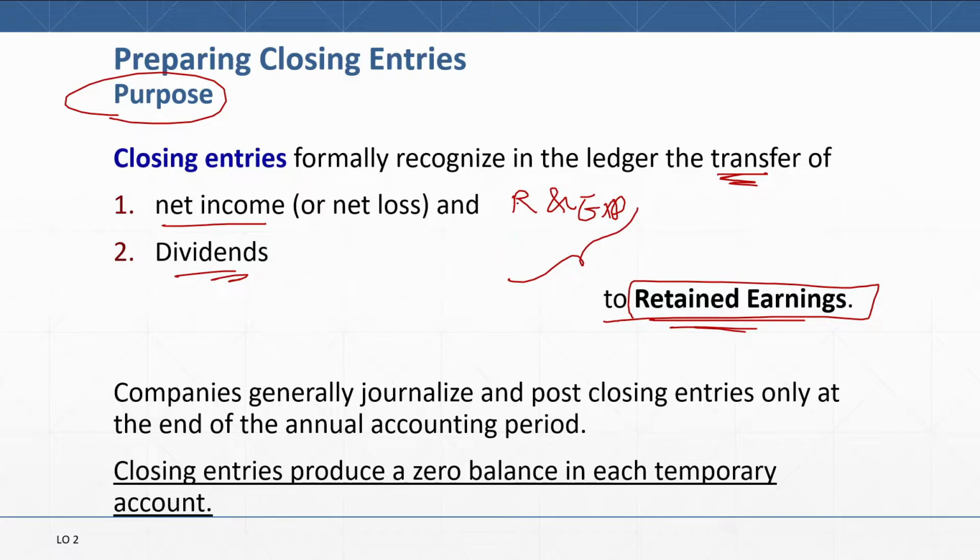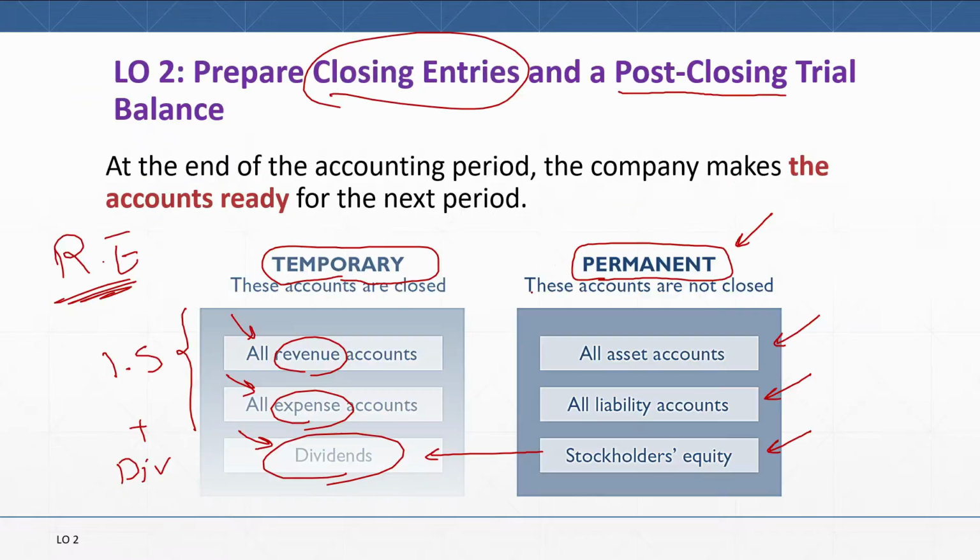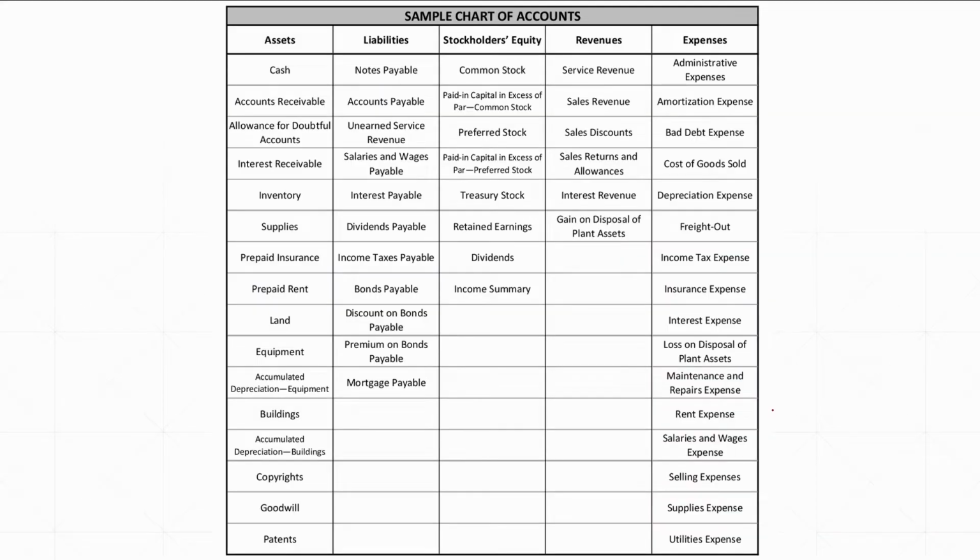If you still don't know what accounts are revenue accounts, what accounts are expenses accounts, what are the asset accounts, what are the liabilities, you may refer to this sample chart of accounts. This slide is your best friend. This table is your best friend in this course. All the asset accounts are listed here.